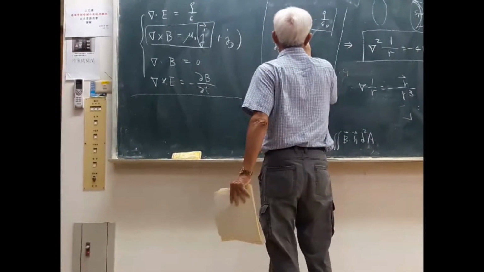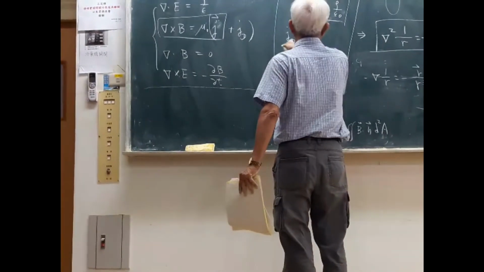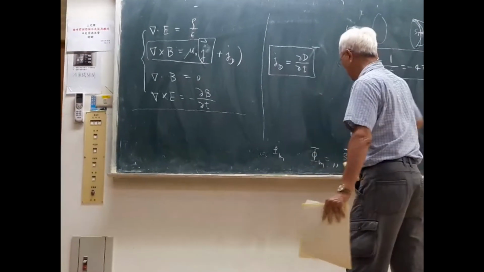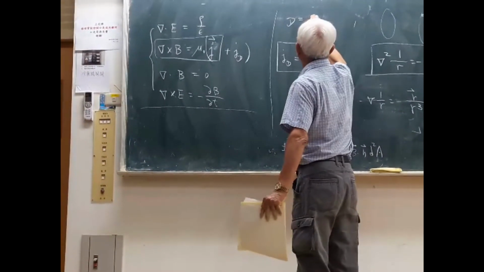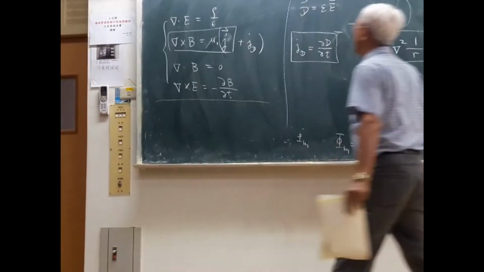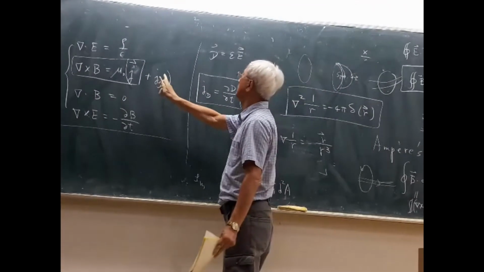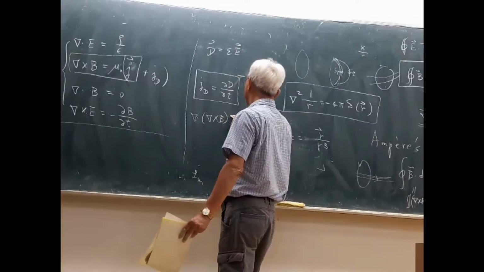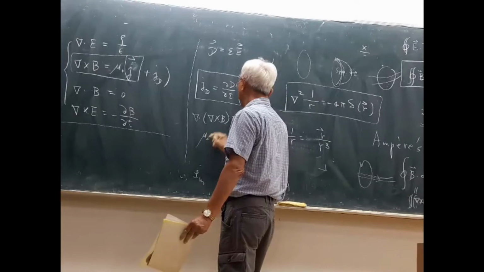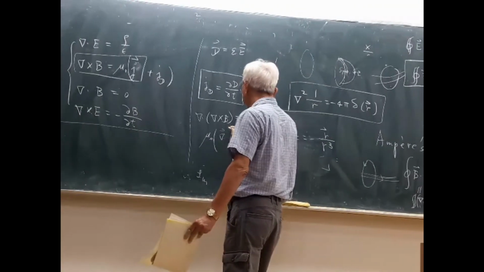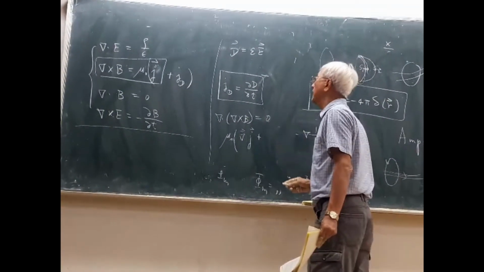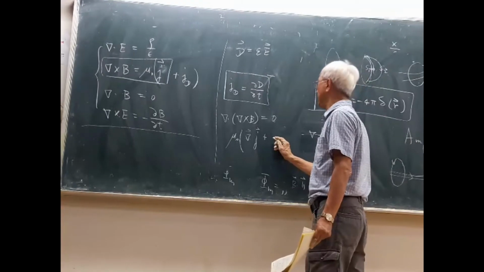So what is JD? JD is equal to partial D partial t, and D is equal to epsilon E. If you add it up, then divergence of curl B is 0 and mu 0 divergence J is 0 only in the static case. But if you have a time-changing field, you have a JD.